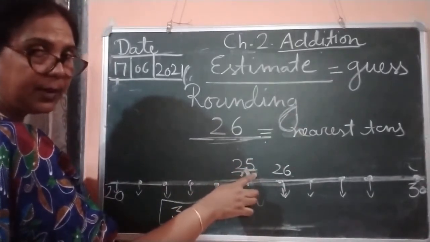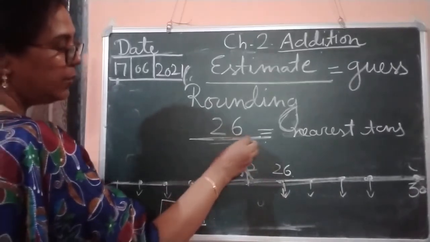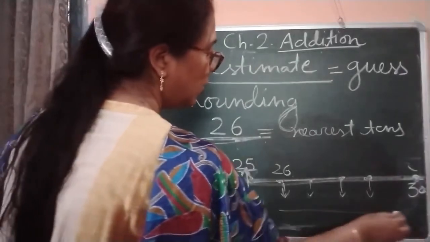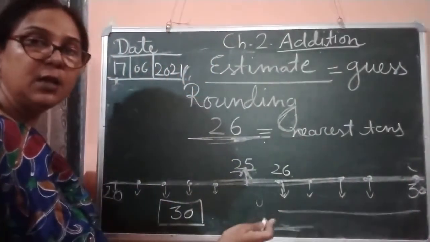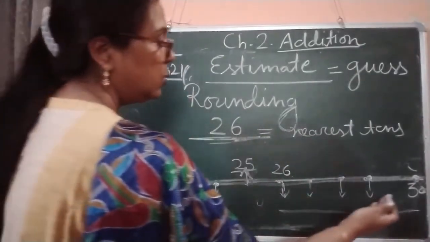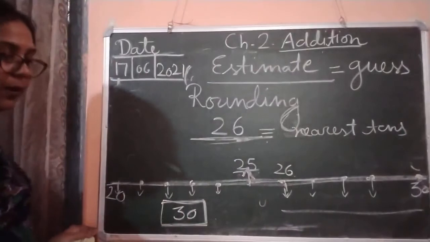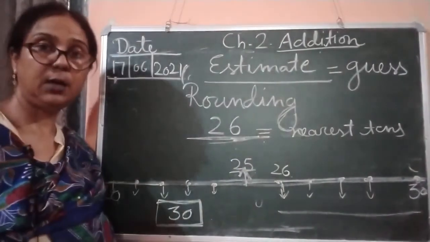What is the number at the ones place? This is 26, and the 6 is more than 5. So that is why it will be rounded to the 30 column. Here you can see it is considered as 30. So in round figure, or in rounding, we will write 30.